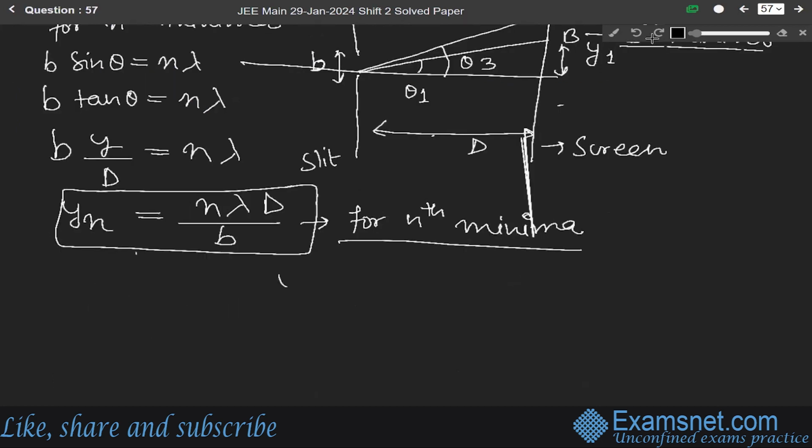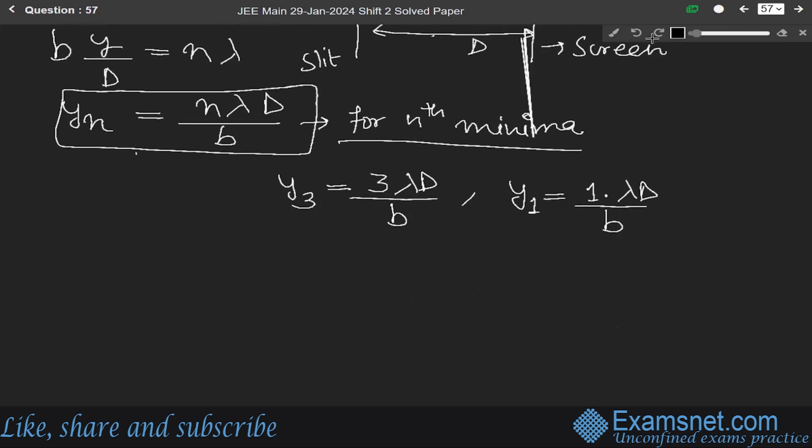So Y3, since at point A the third minima is forming, will be equal to 3 lambda D over b, and Y1 for the first minima will be 1 into lambda D over b. Now their difference delta Y will be Y3 minus Y1, so it will be equal to 2 lambda D over b.